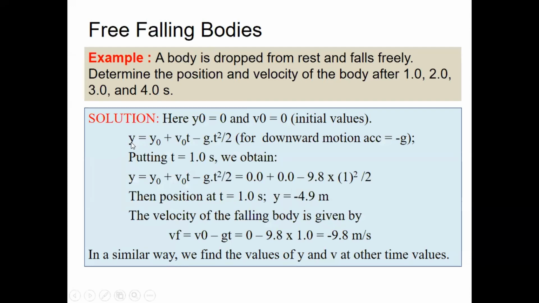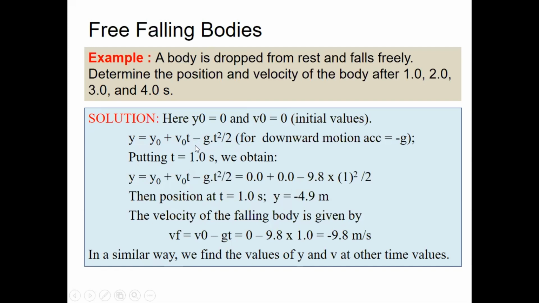Then we are going to use this distance equation. We showed you in the previous slide x equals x naught plus v naught t plus half a t squared. But here I have written it with the new name y. y is equal to y naught plus v naught t minus g t squared divided by 2.